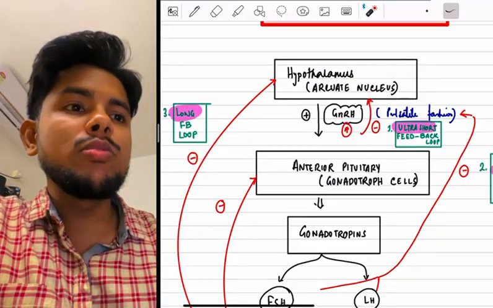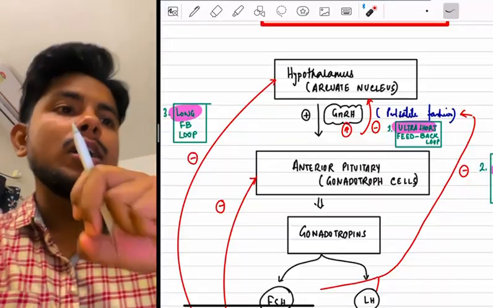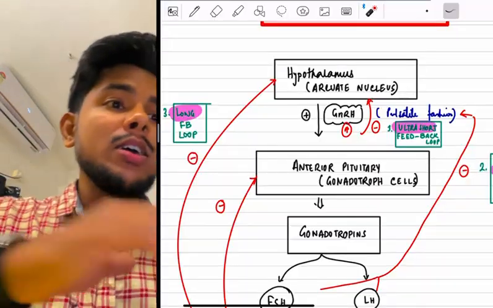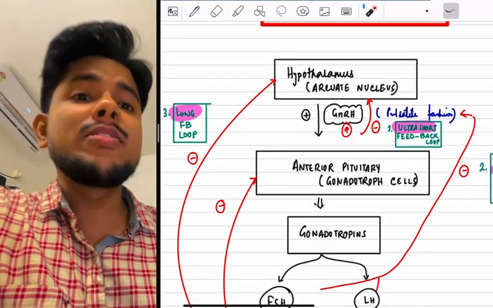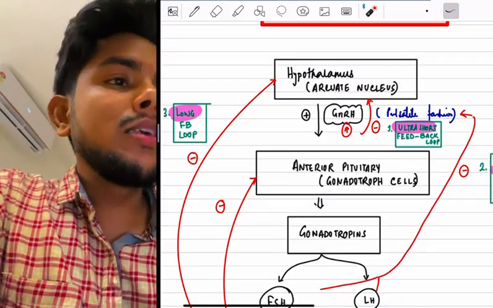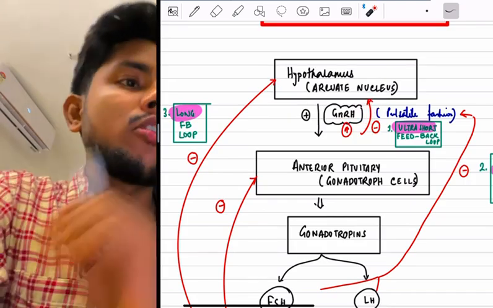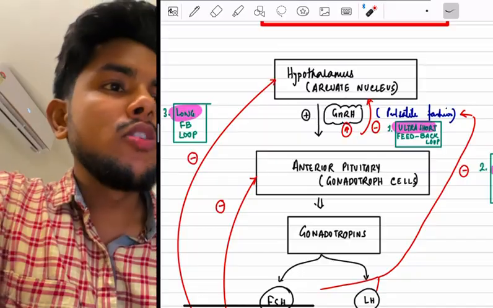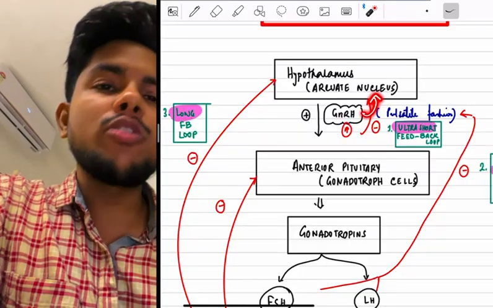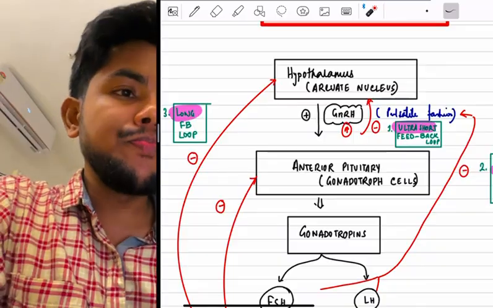It is going to send a message to its factory, which is the arcuate nucleus, that says stop, no more GnRH is needed. This very short loop is called the ultra short feedback loop.